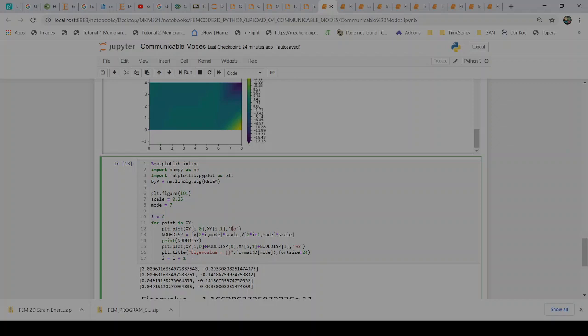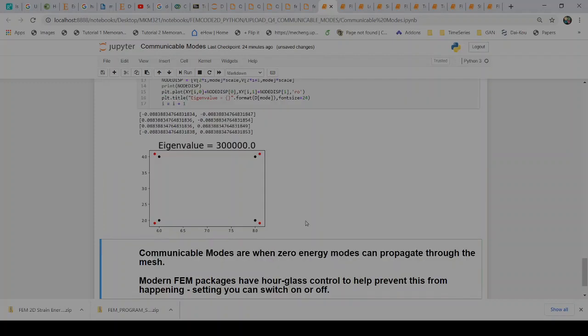When you see a black dot, that is the undeformed point, and the red dot is the deformed point. I also have a scale factor here, so I can scale the eigenvector displacement to make it smaller or larger, just for visualization purposes. Let's start off with mode 0. First, let's run through these modes and make sure they make sense to us. If I look at this mode, I can see here my black dots are this.